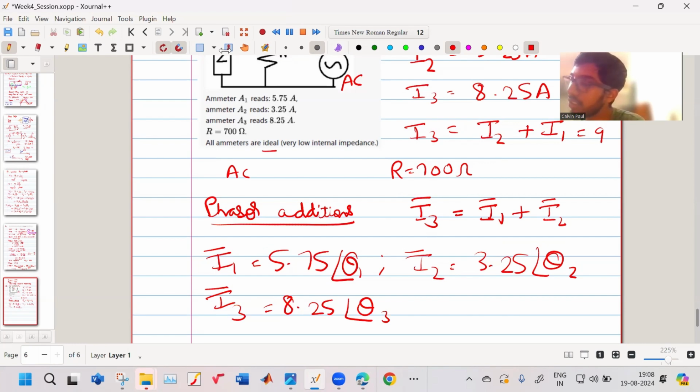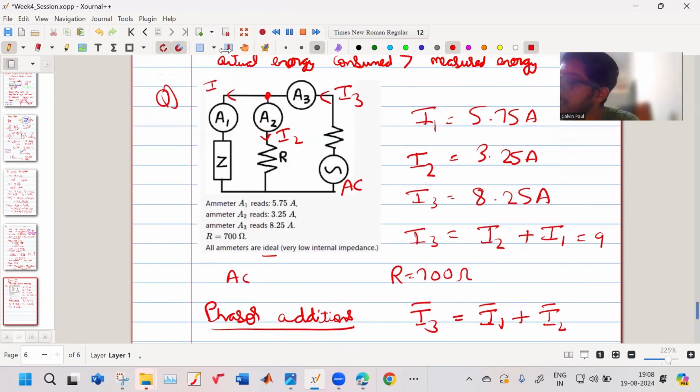So what you do is, in this circuit, you will take one phasor to be your reference. One easy thing to take as reference is the current through your resistor.